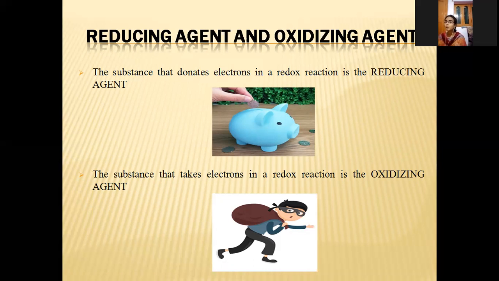So the reducing agent donates its electrons in the redox reaction, and the oxidizing agent takes the electrons in a redox reaction.